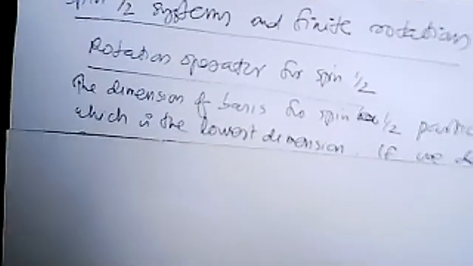So consider a spin half particle. We know the dimension of the basis is 2s+1, that is n equal to 2. So the operator will be a 2 by 2 matrix, and the column spin vectors or spin kets will be 2 by 1 column matrices.